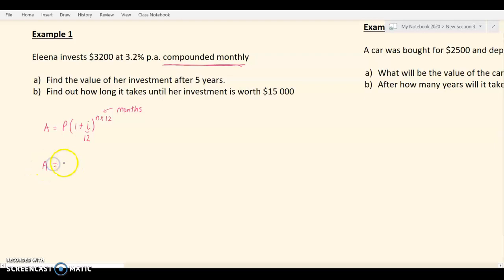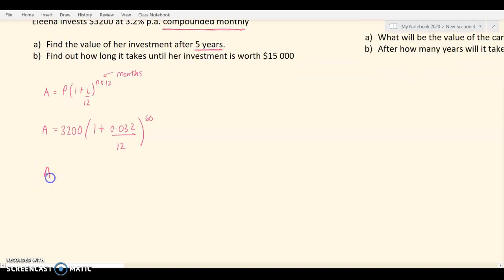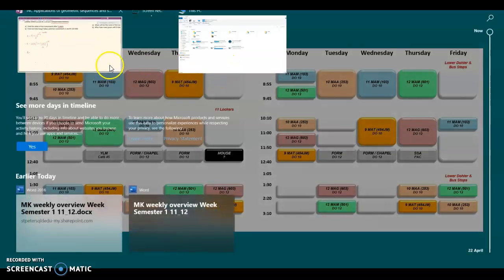So looking at our question, we're going to get 3,200 multiplied by 1 plus I, which is 0.032, divided by 12, all to the power of 5 times 12, or how many months there are in 5 years. Because we have 5 years, that is 60 months. If we type this in on a calculator, we end up with a value. Let's have a quick look.